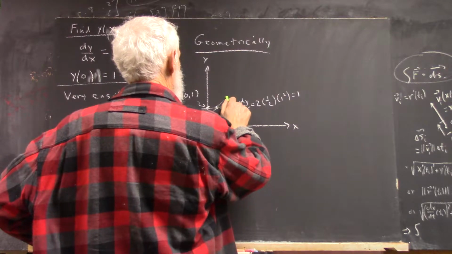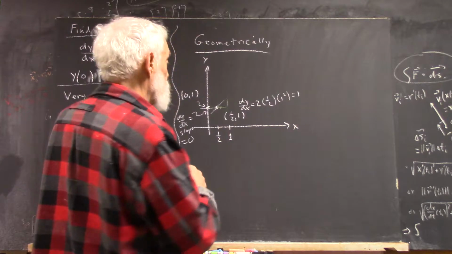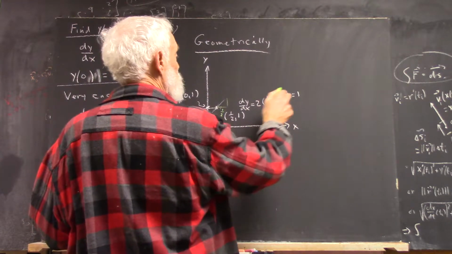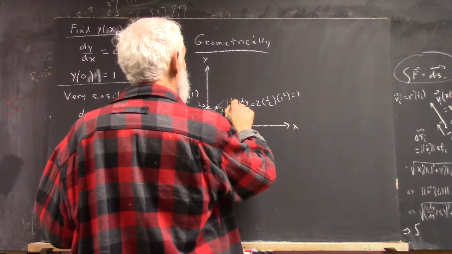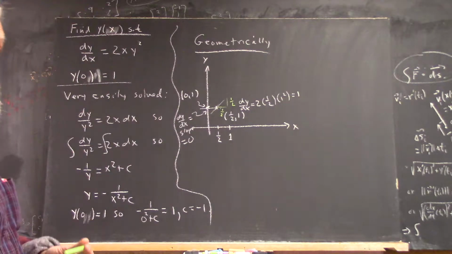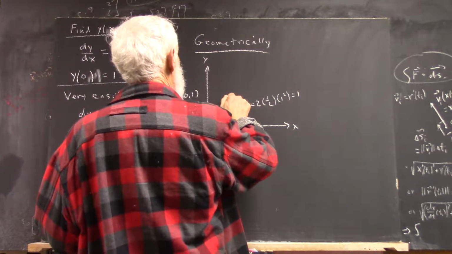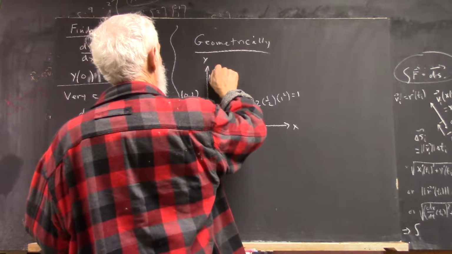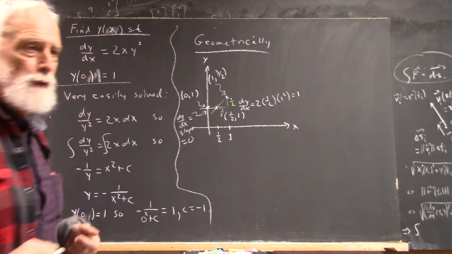So we come over this far, we come up this far, right? How far did we go over? We went over half a unit. The slope is 1, so the rise has to equal the run, so we come up 1/2 unit, right? So now we're at this point, which is 1, 3/2.